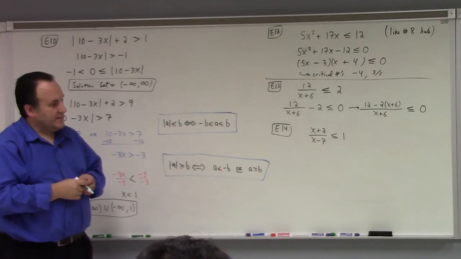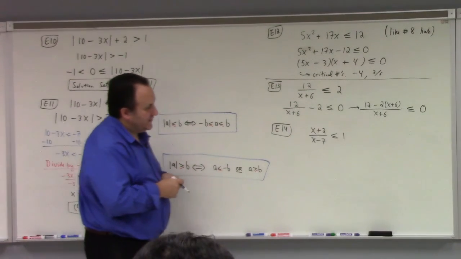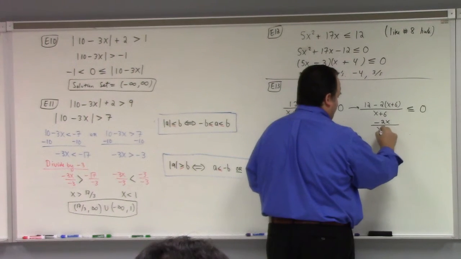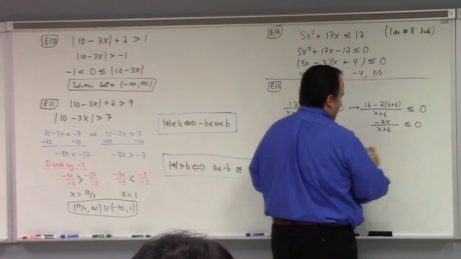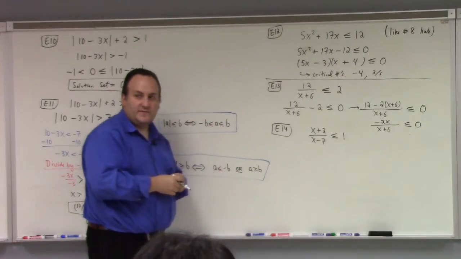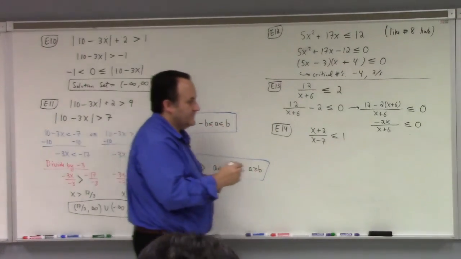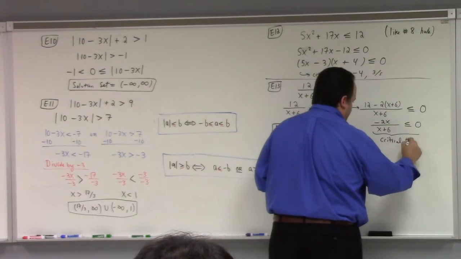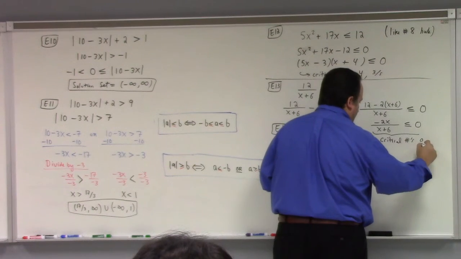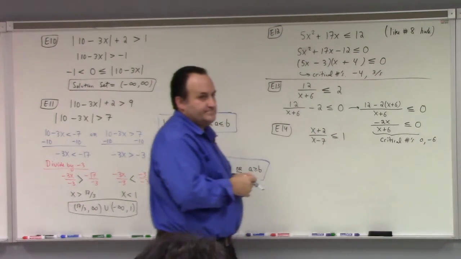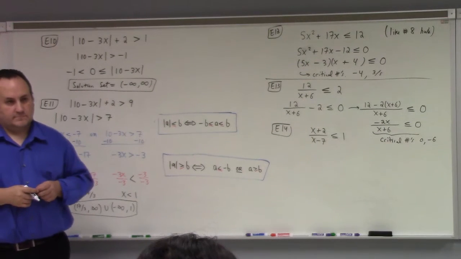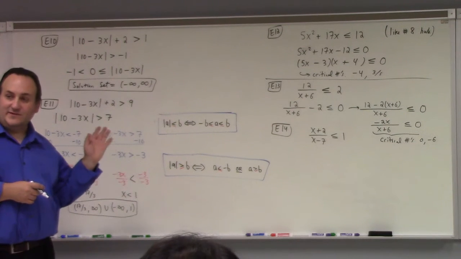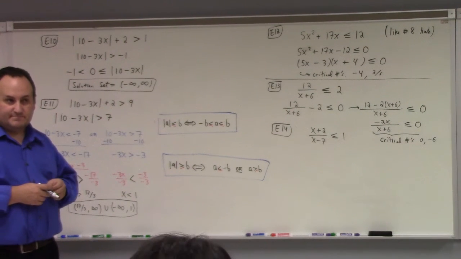And then you can see that the critical number is minus 6, and upstairs, what happens? So if you look at that, you can see what the critical numbers are. 0 and minus 6. And then you put them on the number line, you test each point, then you can solve the problem.